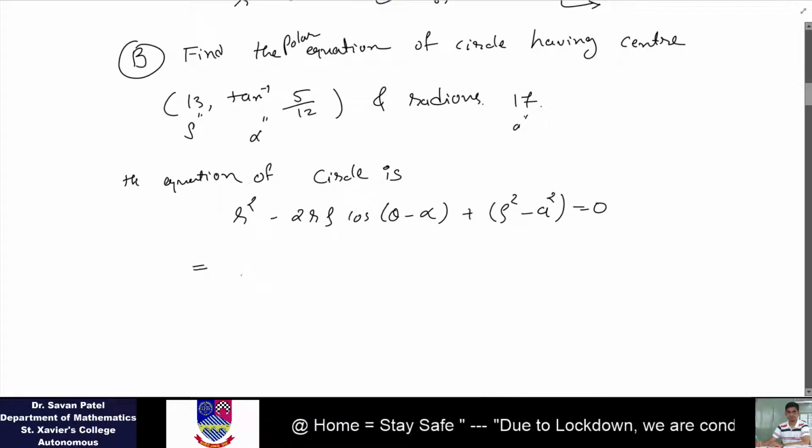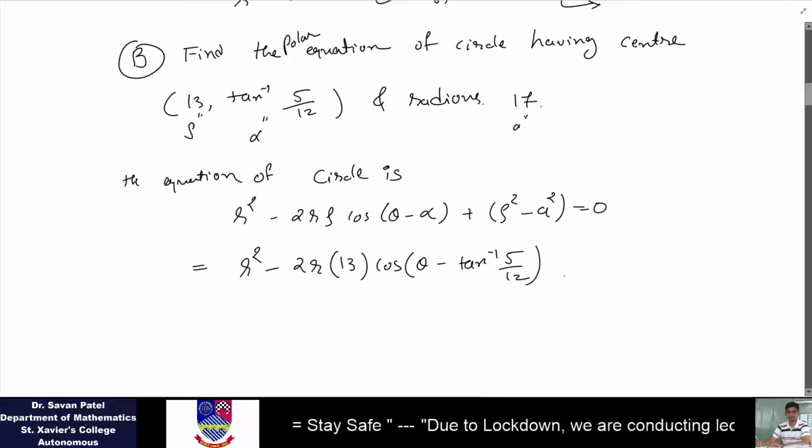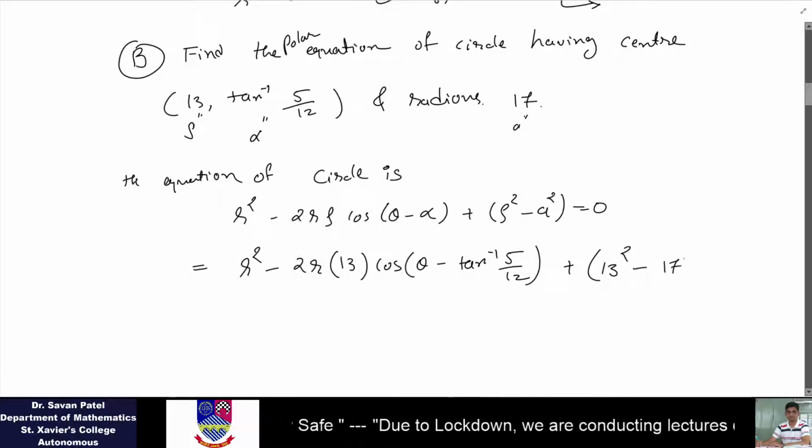That is r square minus 2r times 13 cos(theta minus tan inverse 5 by 12) plus 13 square minus 17 square equals 0.